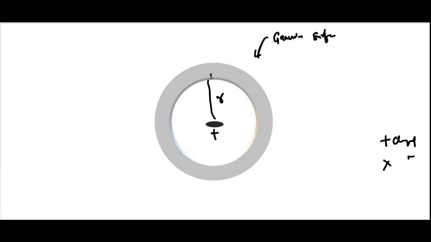There lies a point on the Gaussian surface where we have to determine everything. Obviously the electric field lines are directed away from the positive charge in all directions.